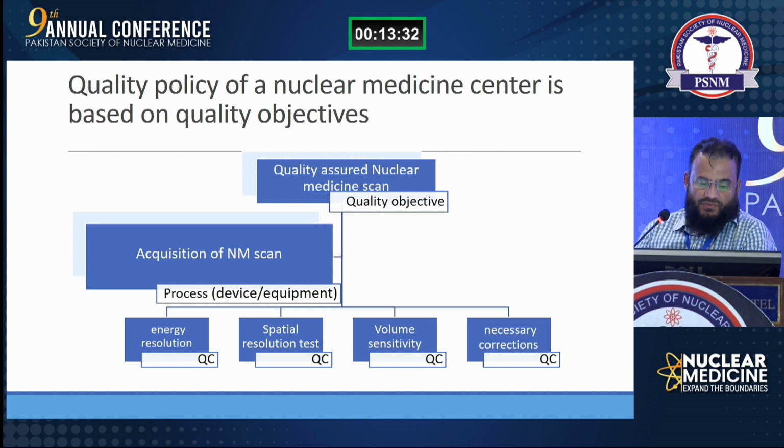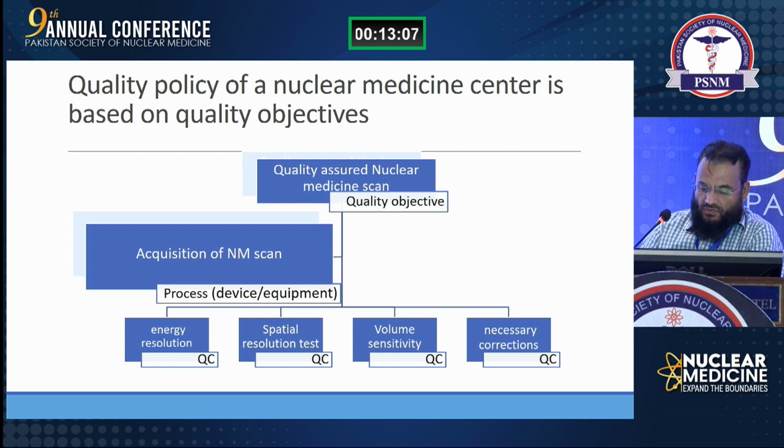One of those processes is acquisition of a nuclear medicine scan. To get a higher quality assured scan, we have to confirm that our gamma camera or PET CT or anything is capable of producing a good quality image. This is done by performing some quality control tests such as energy resolution, spatial resolution, volume sensitivity, and other necessary corrections.